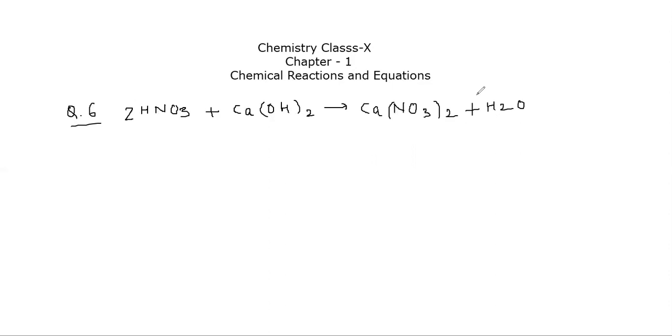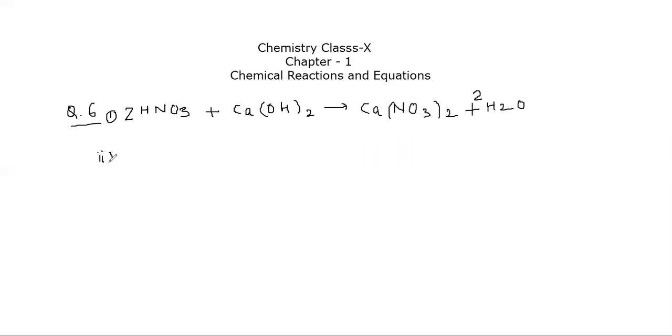If we put here 2, then the number of hydrogen are 4 on both sides. Then calcium, it is balanced. And what about oxygen? So here 2 atoms of oxygen and here 2 atoms. So the equation is balanced. This is the first question.